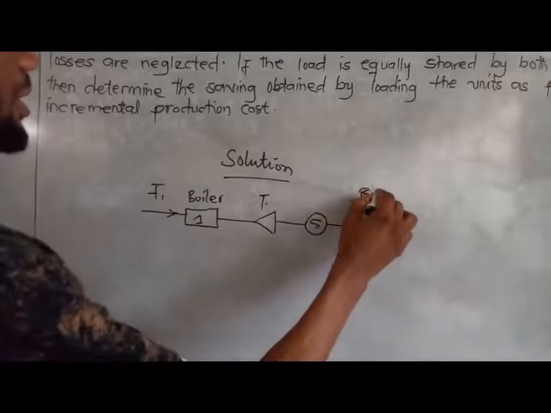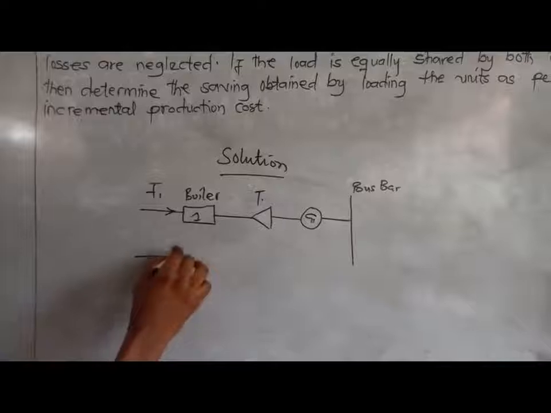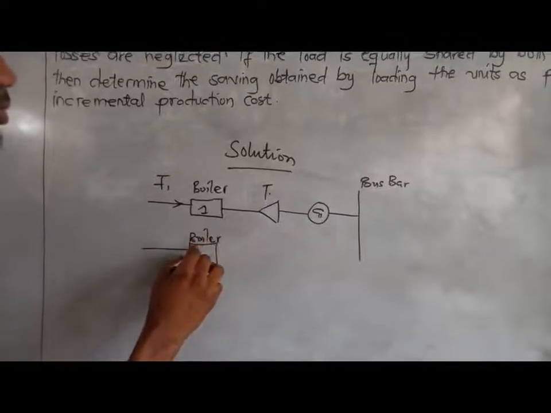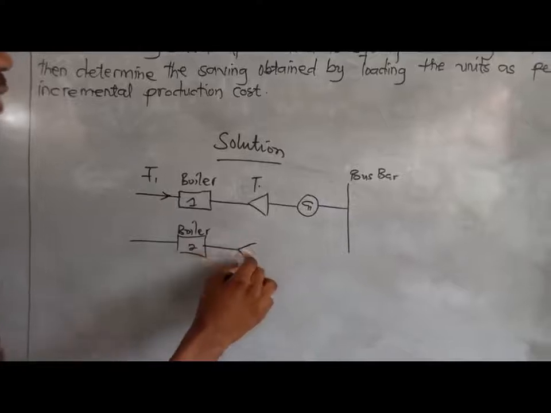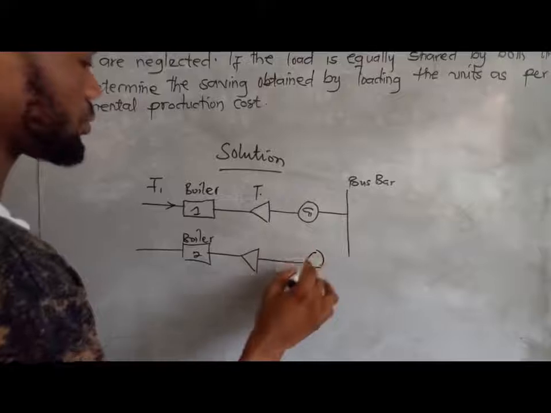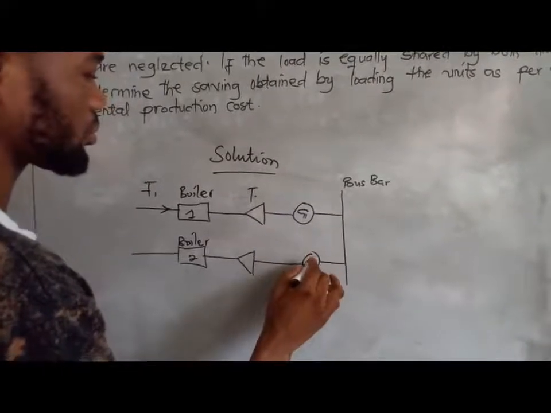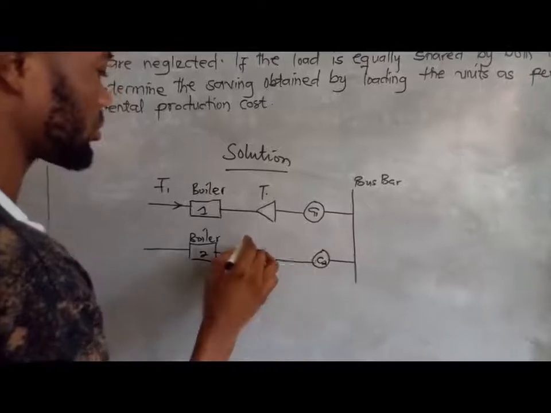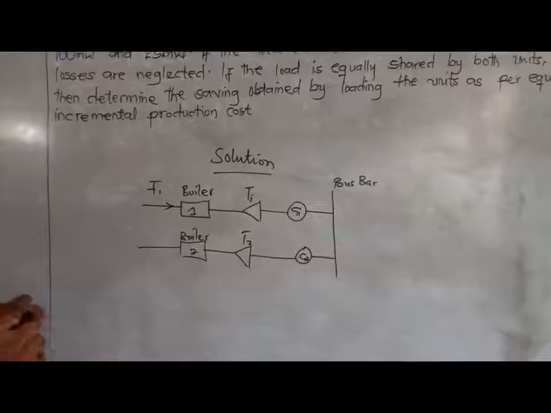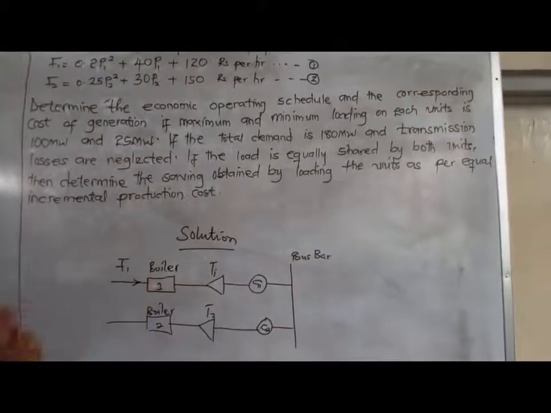This is our bus bar system. Then we have unit 2, that is boiler 2, with its corresponding thermal, then generator 2 here, T2, T1.